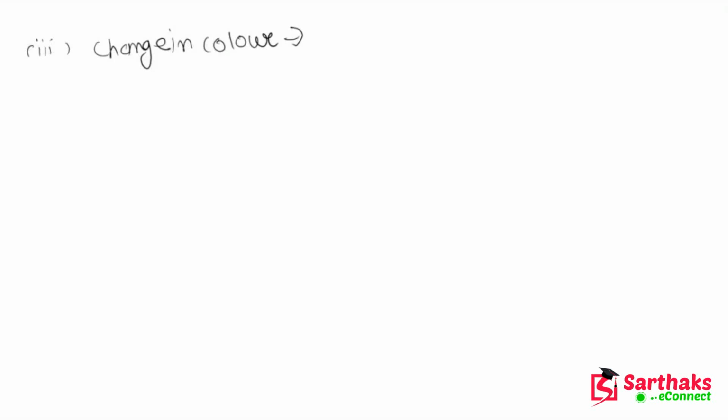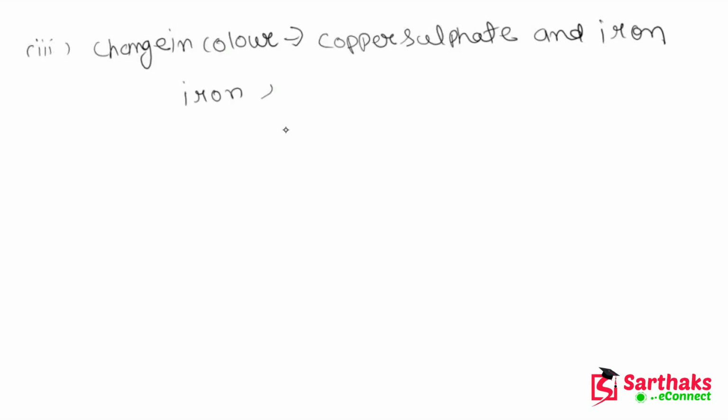Let's suppose a chemical reaction between copper sulfate and iron. When these two substances react, they will give us iron sulfate and copper.